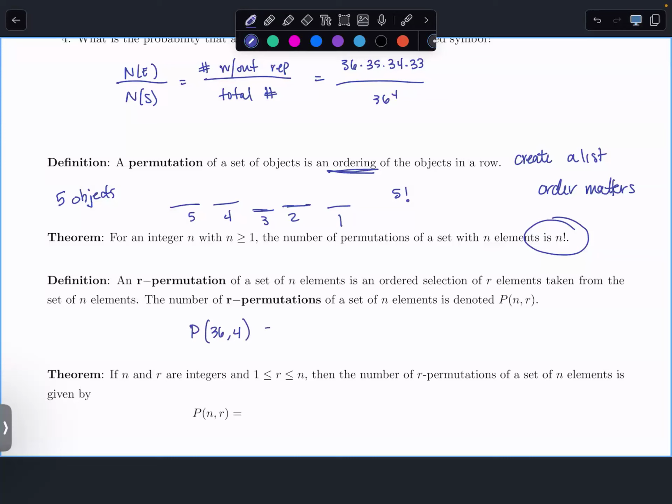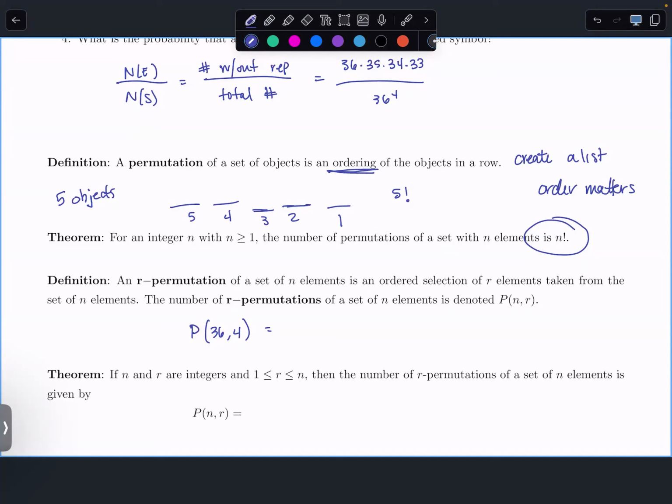What happens here is, why am I choosing 36 and 4? We have 36 symbols, and we're going to use 4 of them to make a pin.